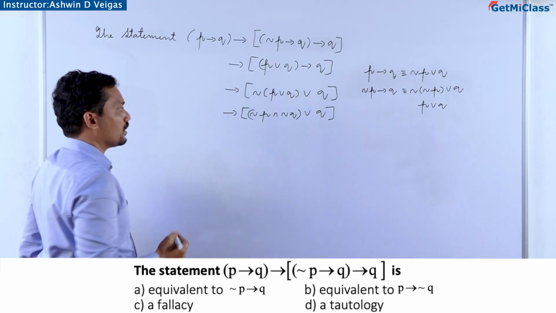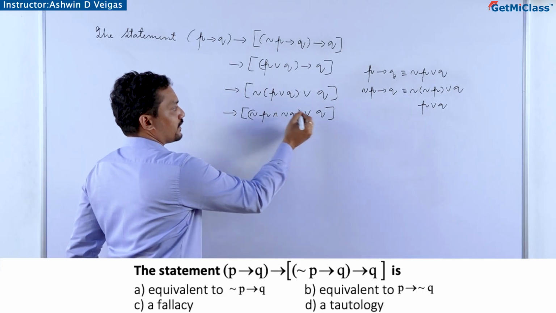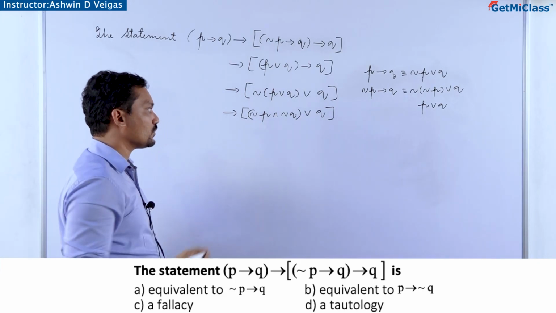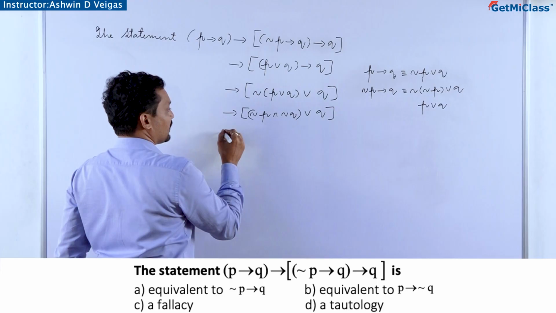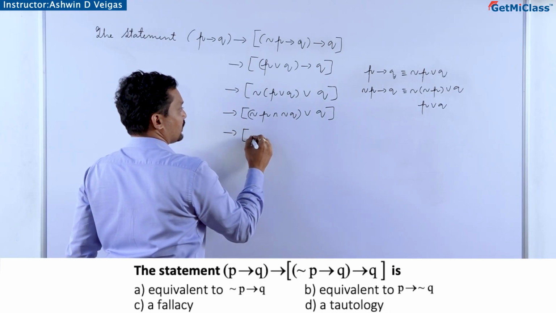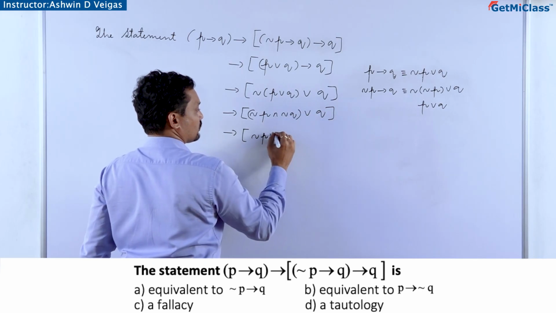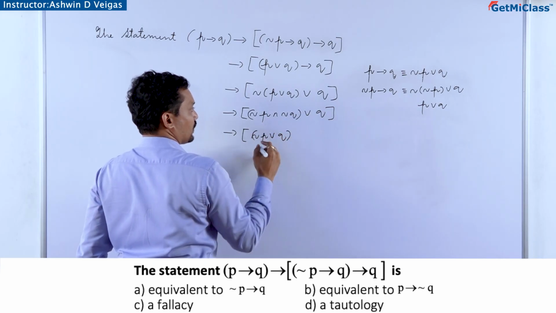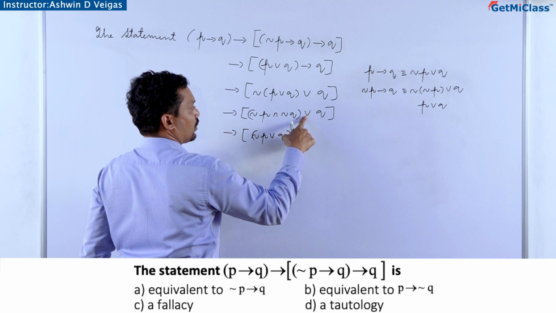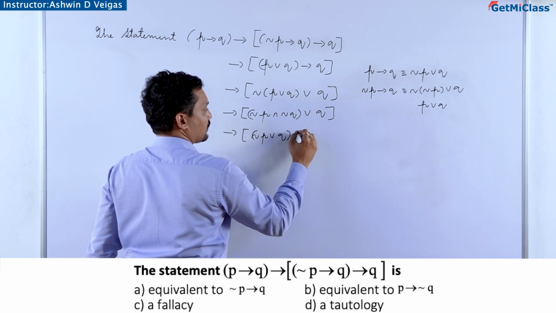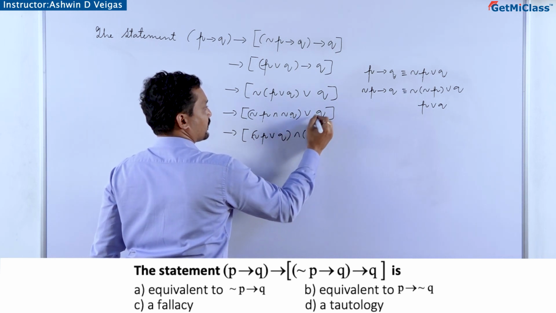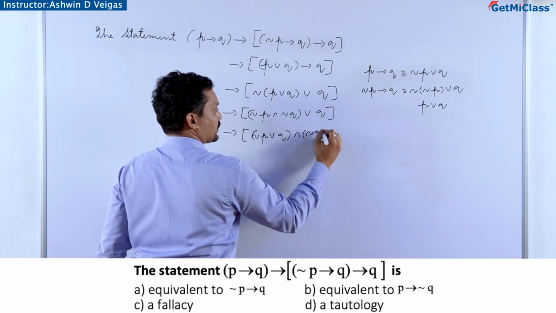Now, this and is inside, or is outside. Now, we will try to use the distributive law. So, it is this or this, and this or this, distributive law.